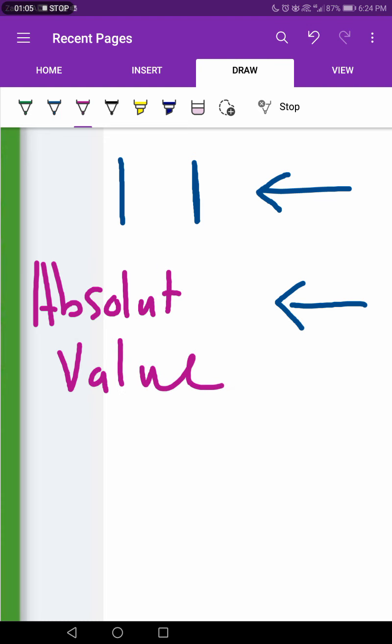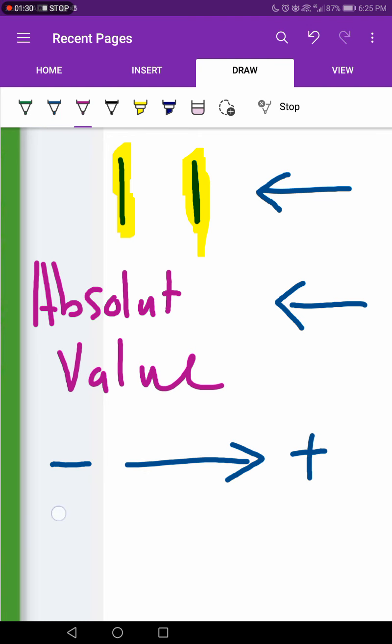So teacher, we read these two vertical lines, this line and this line beside each other, as absolute value, yes, and I call it a machine. What is the mission of this machine? The negative number becomes a positive number, and the positive number stays a positive number.